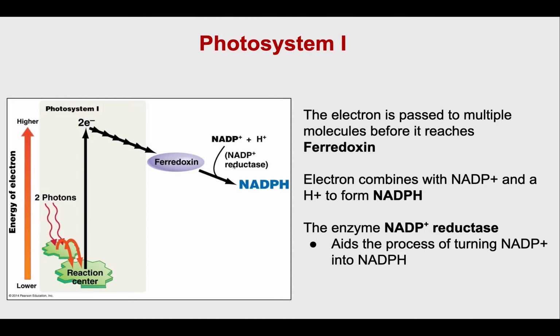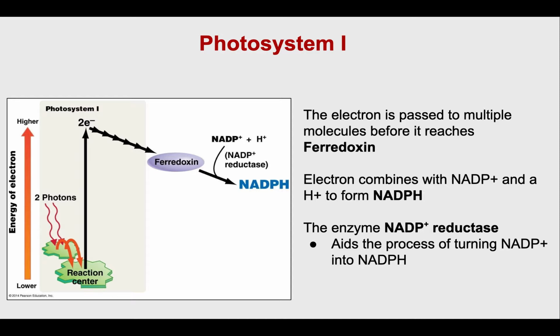And this is where that last molecule that we talked about comes into play. The enzyme, which helps speed up reactions, NADP plus reductase, comes into play. NADP plus reductase is going to aid the process of turning NADP plus, which is essentially missing hydrogen and missing some electrons, into NADPH.